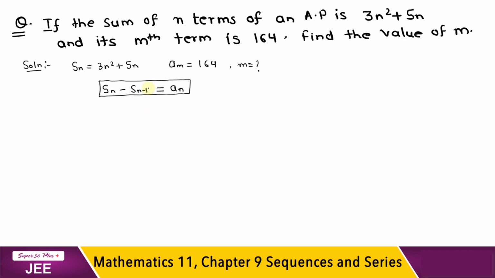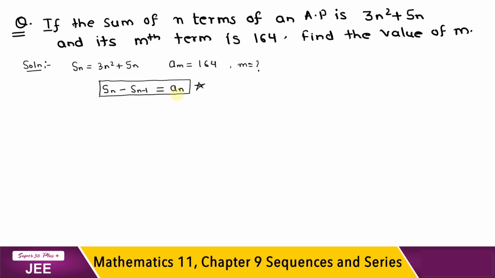So if I subtract the sum of n minus 1 terms from the sum of n terms, we are left with the nth term only. So one must realize the importance of this formula: whenever you have to determine the general term from the sum of n terms, you can use Sn minus Sn minus 1 equals An.